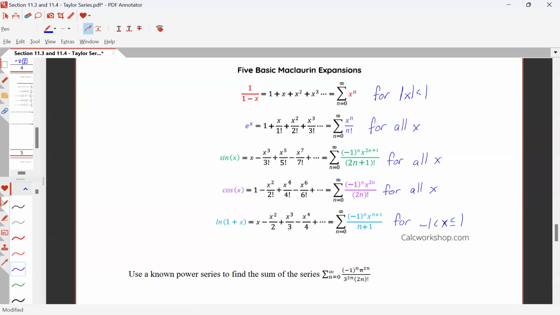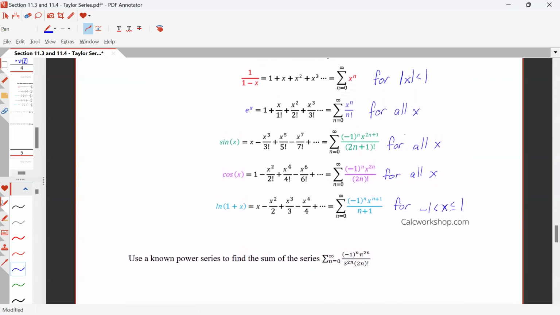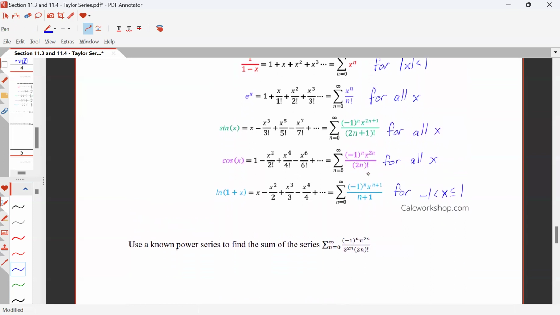And what we can now do is, since we know these functions and series are equal, if we see a series that's in one of these forms with an x value plugged in, we can actually use this series to evaluate. So as an example, we have the series n equals 0 to infinity, negative 1 to the n, pi to the 2n, 3 to the 2n, 2n factorial.